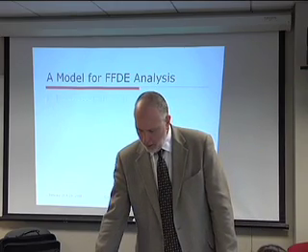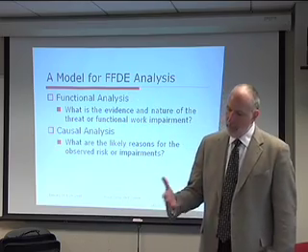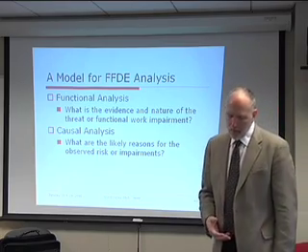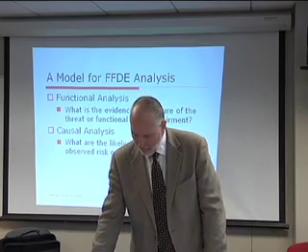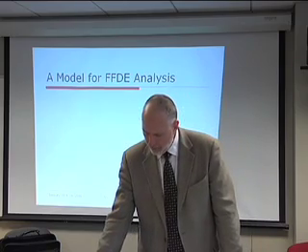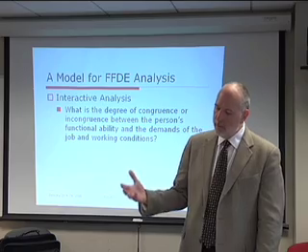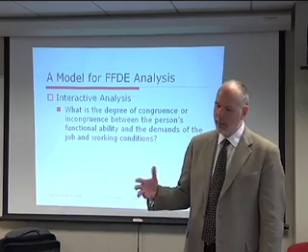So let's talk about the model that I described. In functional analysis, what is the evidence and nature of the threat or functional work impairment? This is an abbreviated format of it. In causal analysis, what are the likely reasons for the observed risk or impairments? In the interactive analysis, what is the degree of congruence or incongruence between the person's functional ability and the demands of the job and working conditions?